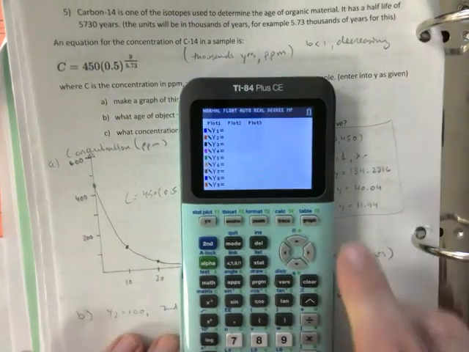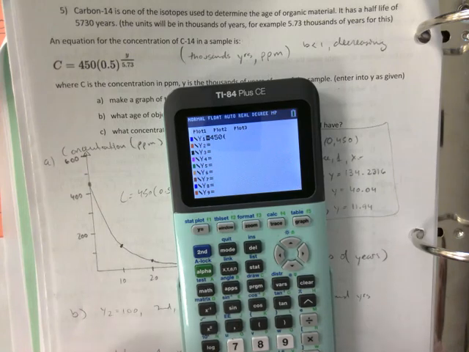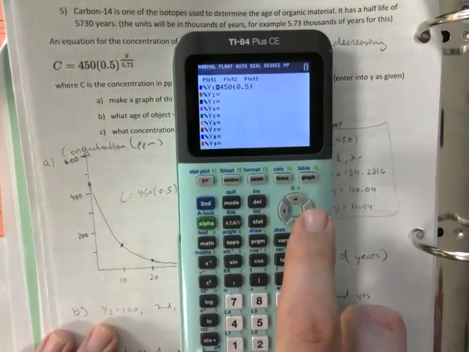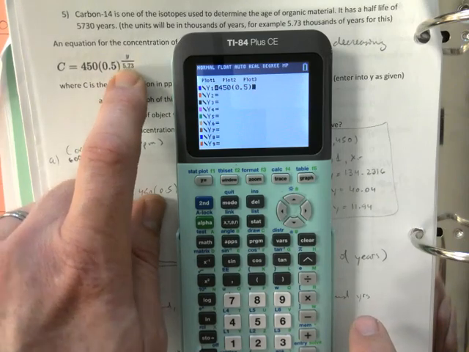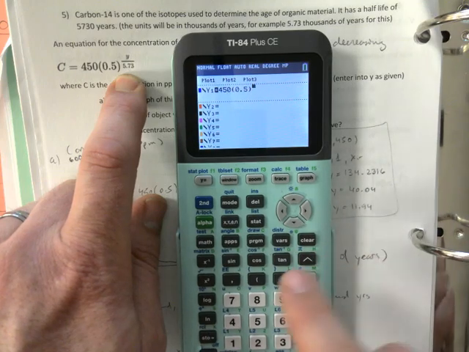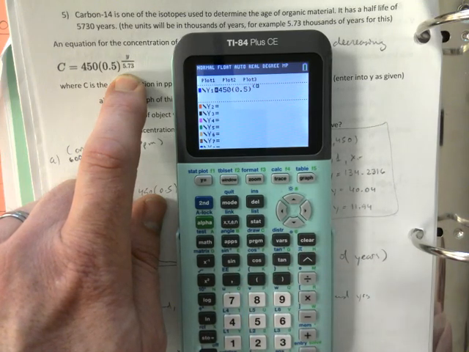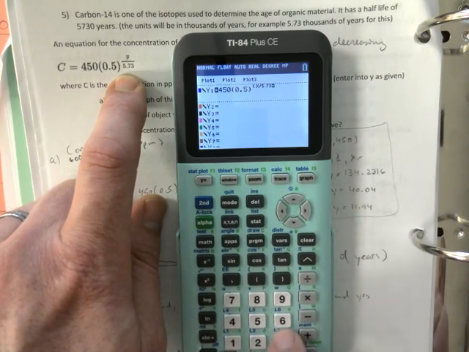If you can't make it work, so if you want to follow me here, because this is like a homework check, I don't do this very often, and how do you input this? It's very important that you know how to enter this correctly. Because your exponent is a fraction, I would say make sure you press the hat to have the exponent there, and then I would type that in as a fraction.